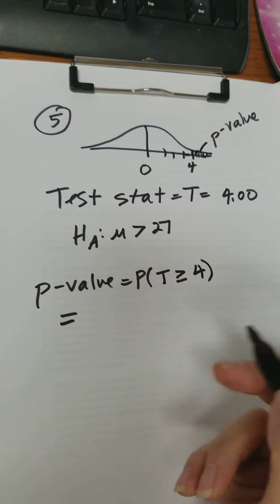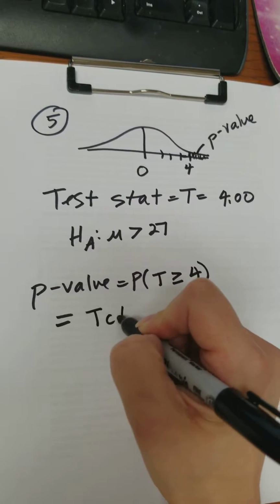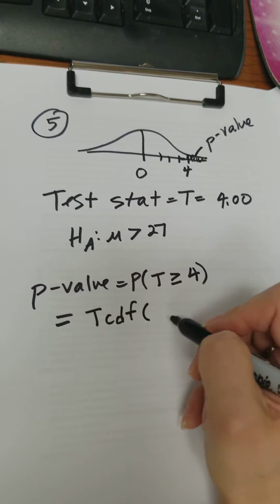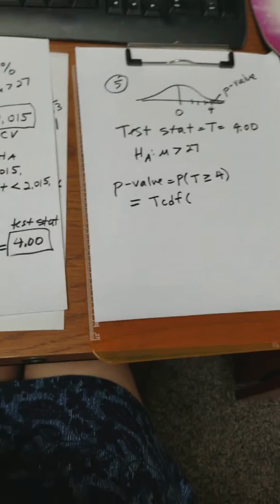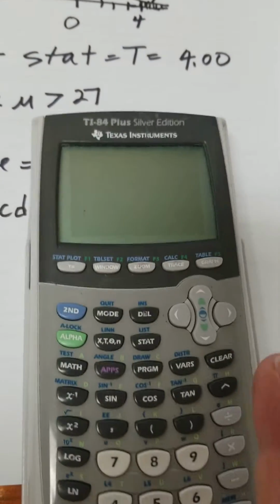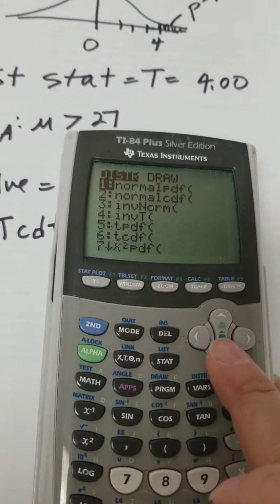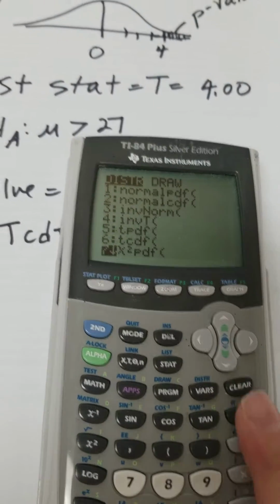All right, so using our handy-dandy calculator, this would be a t-CDF in this case. Let me get my calculator to show you this. Clear that out. Okay, so we're doing second distribution, going down to t-CDF.